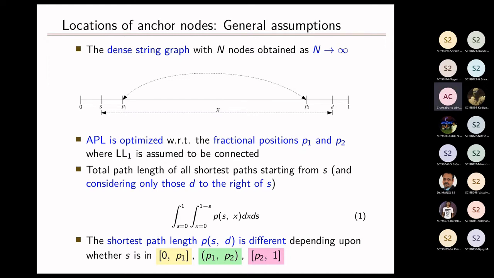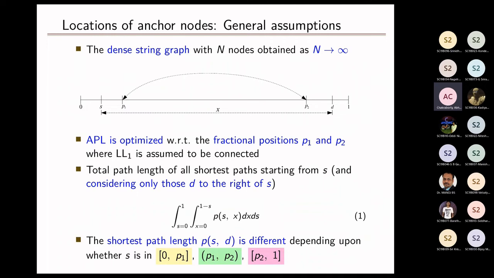So the source node can be between 0 and 1. Any point can be a source node, and for each source, all others will be destination nodes. Here we have assumed that all destination nodes are at the right side of the source node.